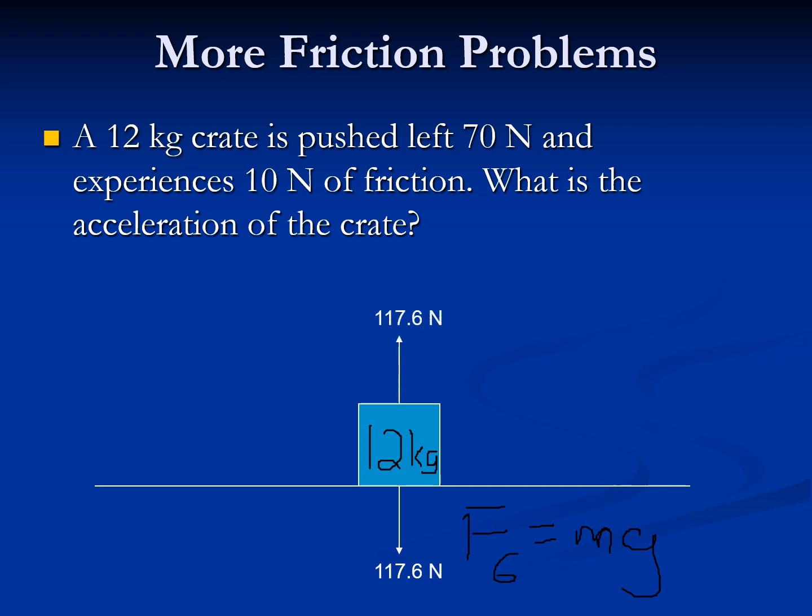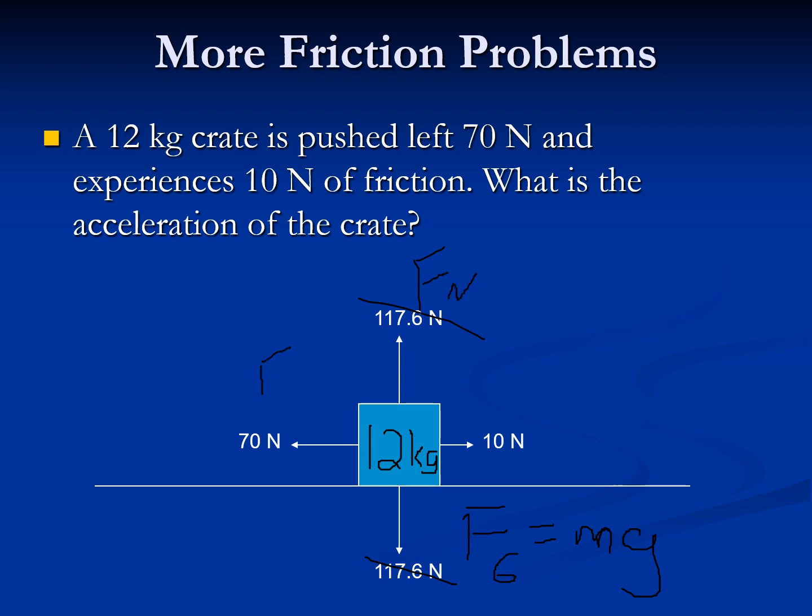Normal force cancels that out. Bam. You're pushed left. This time you're pushed left, which means the friction is going right. Ooh, tricky. Friction going right this time. So how does that change things up? Well, the 117s cancel. Gravity, normal, the gravity cancel.